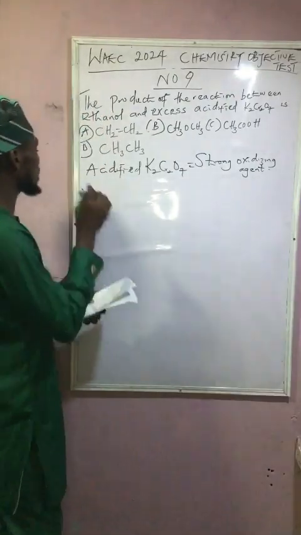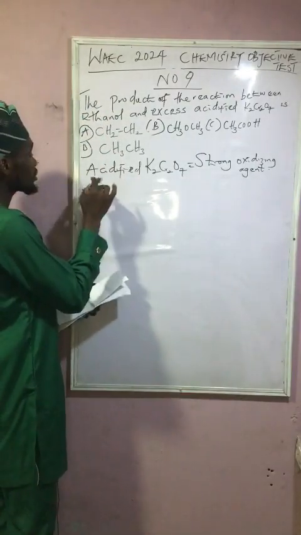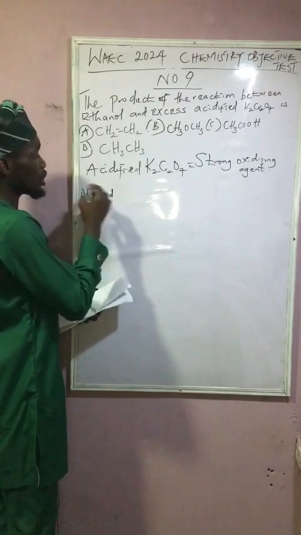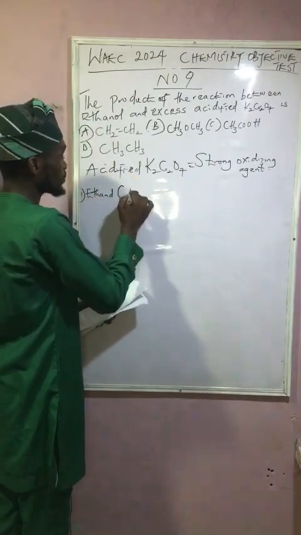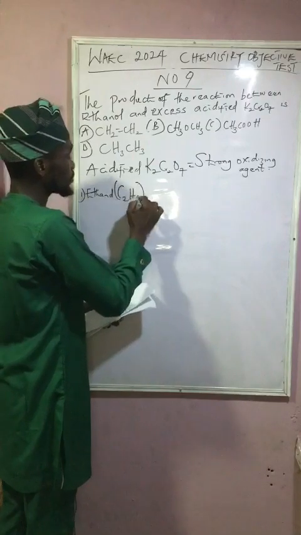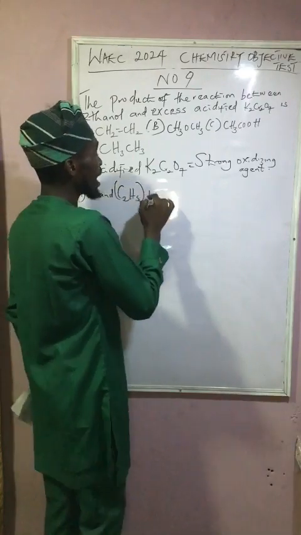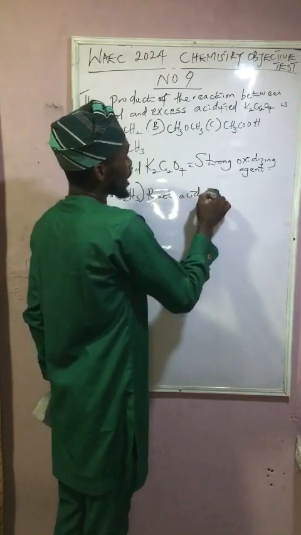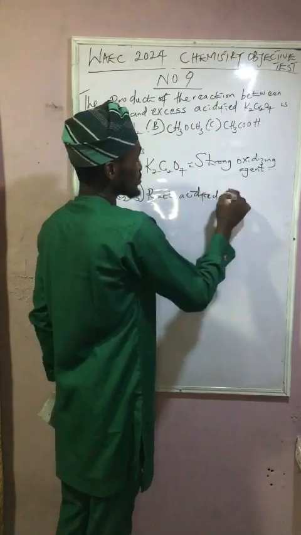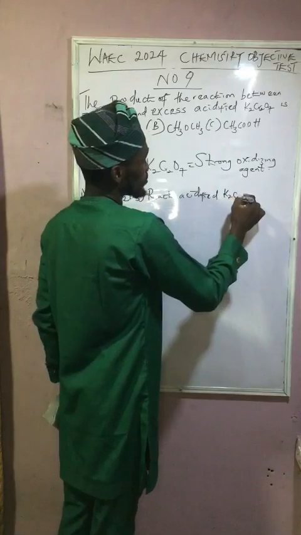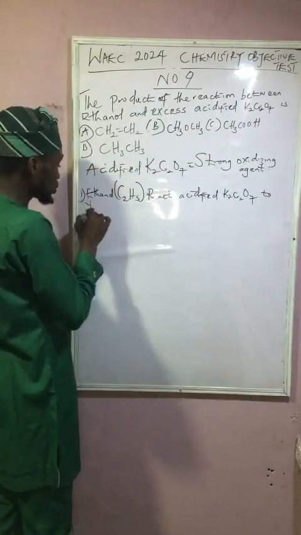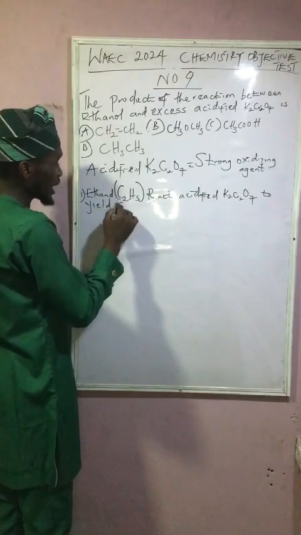The first one is ethanol, which is the precursor. This reacts with acidified potassium dichromate to yield, let's use that word, ethanal.